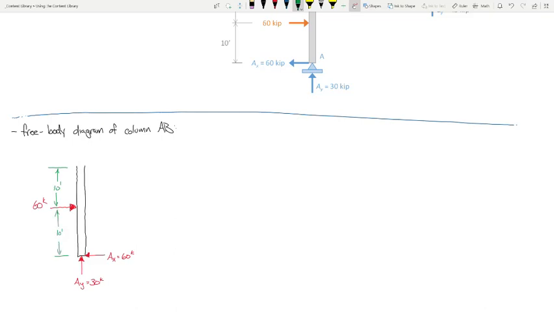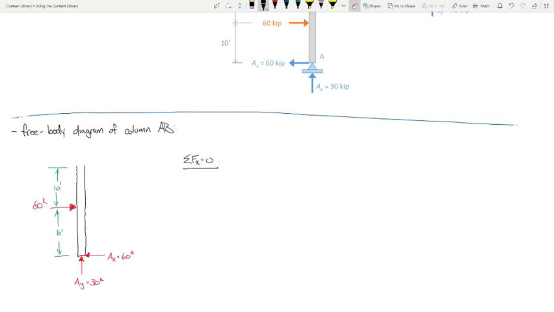So when I cut the section, again, I'm going to have 3 unknown forces here at point B. But I think for the most part we can identify those forces just visually. So let's apply our equations of equilibrium in sequence and see what's going on. Let's start off with the sum of the forces in the x direction.